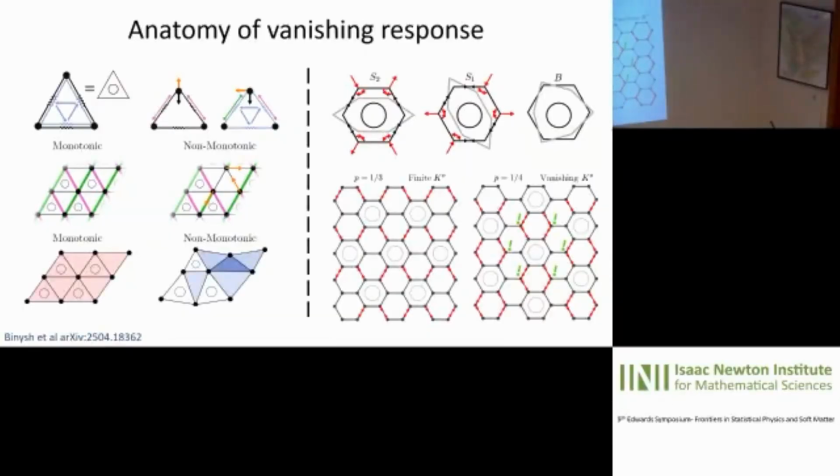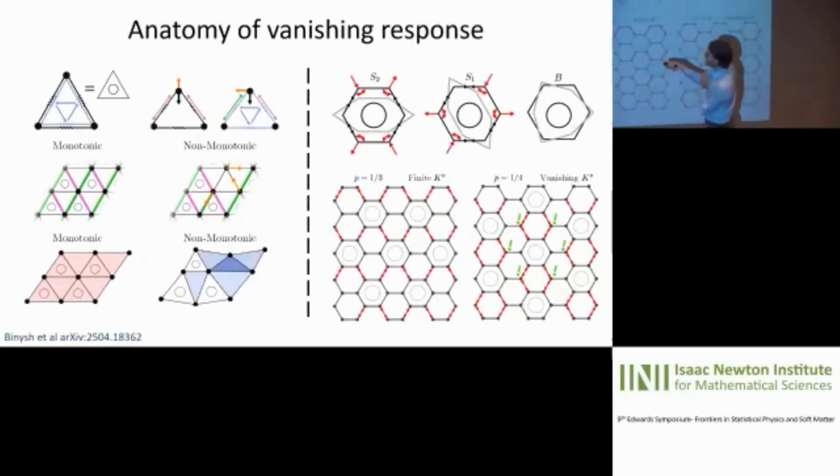Essentially what's happening is that if you take one of these monotonic responses at high filling fraction, and remove one of the triangles to go into the non-monotonic case, what you see is that you're losing the local force balance. And there are these active forces from the neighboring triangles that now come in at all of these nodes. These active forces, in order to force balance them, deform this previously active triangle that's now passive.